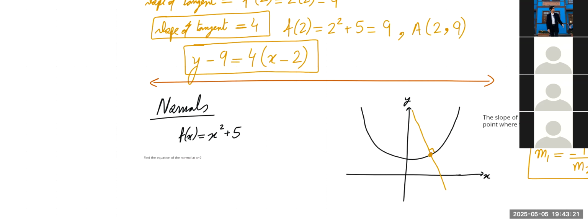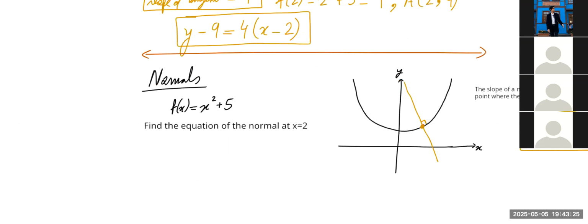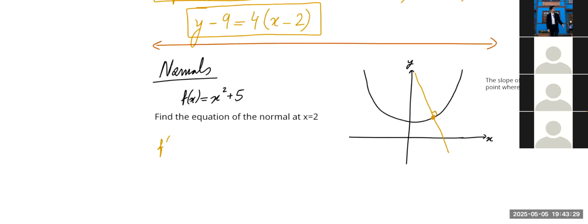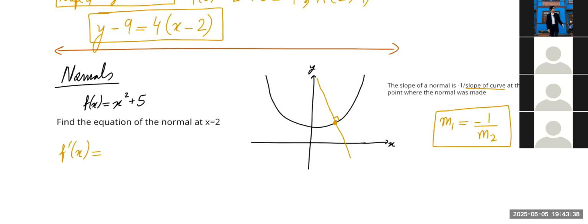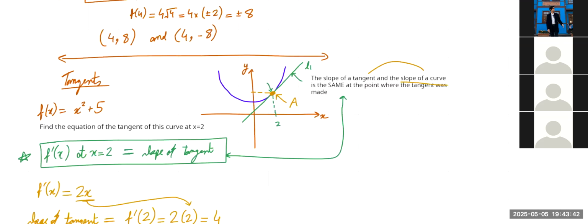So when we say equation of the normal or equation of the tangent at x equals 1 or 2 or whatever, the first thing you have to do is find the derivative, because obviously everything is connected to the slope of the function, right? Clearly, the slope of the curve is directly related to the slope of the normal, and it's directly related to the slope of the tangent also. I mean, it's literally equal to the slope of the tangent.